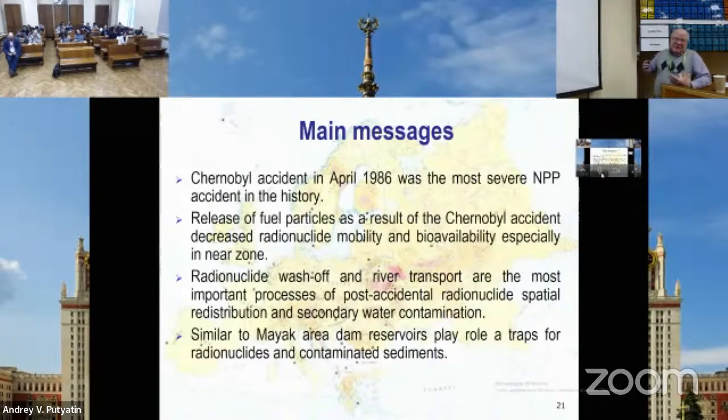And in this case, the experience from Chernobyl can be used for such modeling and calculations. Radionuclide wash-off and river transport are the most important processes of post-accidental radionuclide spatial redistribution and secondary water contamination. Similar to the Mayak area, dam reservoirs play a role as traps of radionuclides and contaminated sediments.